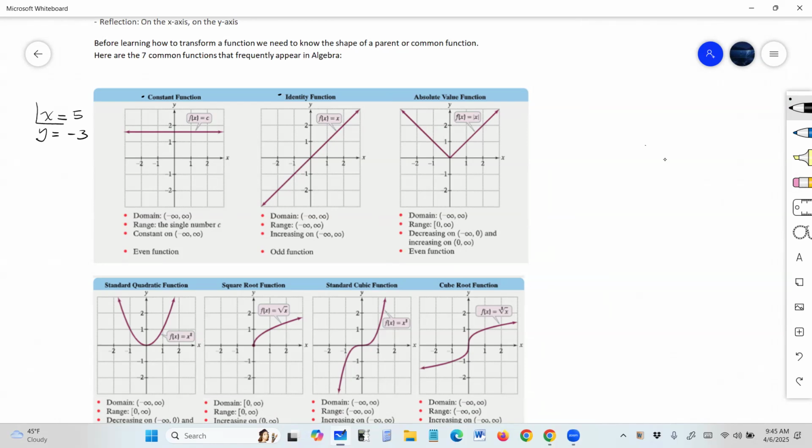In this case, x equals 5, it's not really a function, but we can call it a function because its graph is a perfect line that looks like this, but it's parallel to the y-axis. So a real function would be y equals -3. So here you have it, f of x equals a number, and it's going to be a line as you see over here.